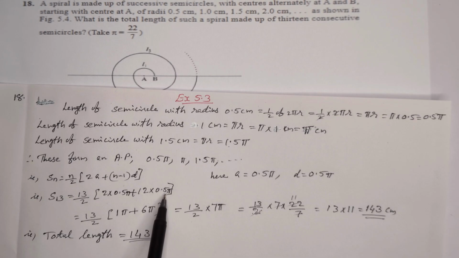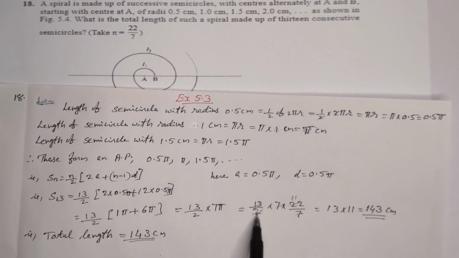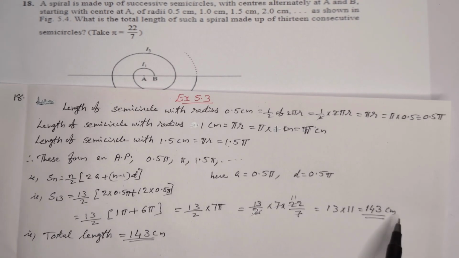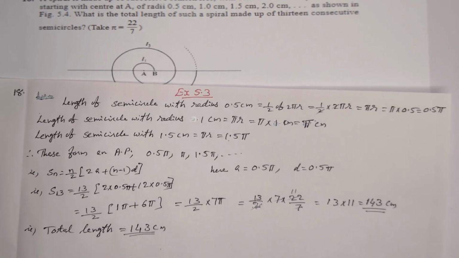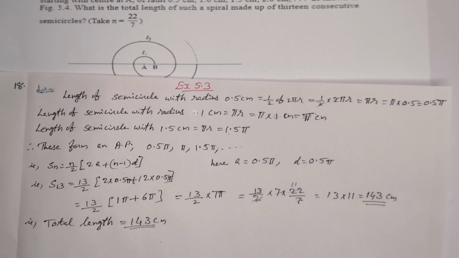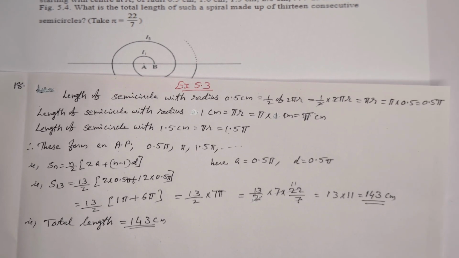Here 12 into 0.5 is 6 pi, which means 13 by 2 into 7 pi. Pi is 22 by 7. So 7 and 7 we can cancel. Dividing by 2, here 11. 13 into 11 is 143 centimeter, which means the total length of the spiral is equal to 143 centimeter.